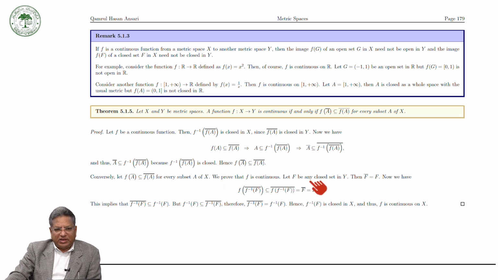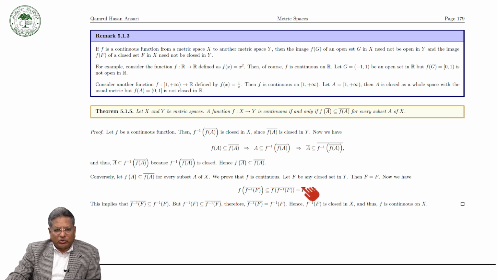So let F be any closed set in Y. Then the closure of F is equal to F. Now we have f of closure of f inverse F is a subset of closure of f of f inverse F. But this is equal to F, and we have the closure here.